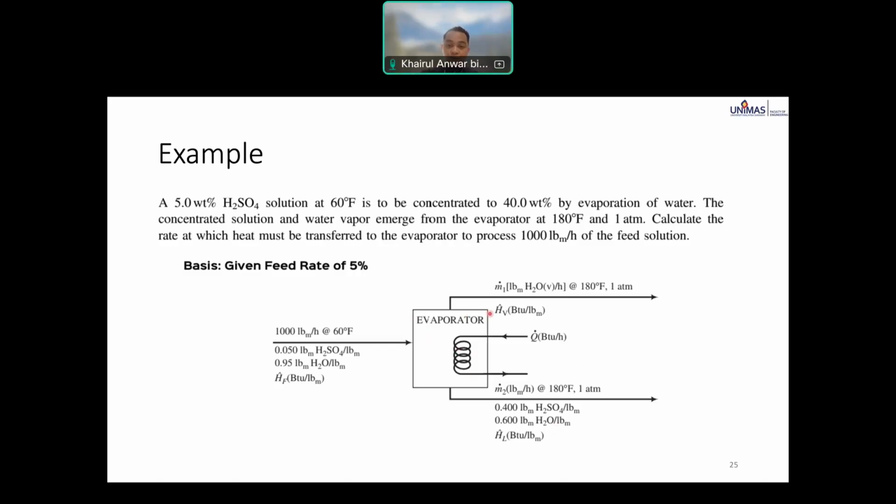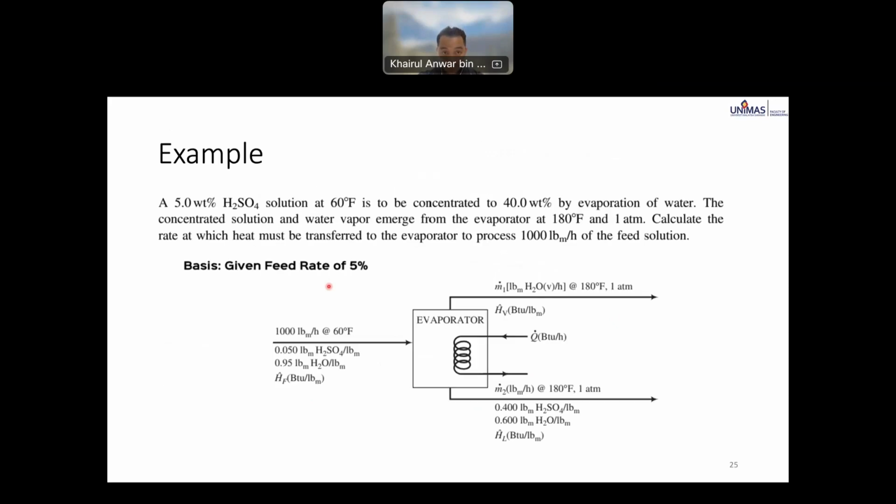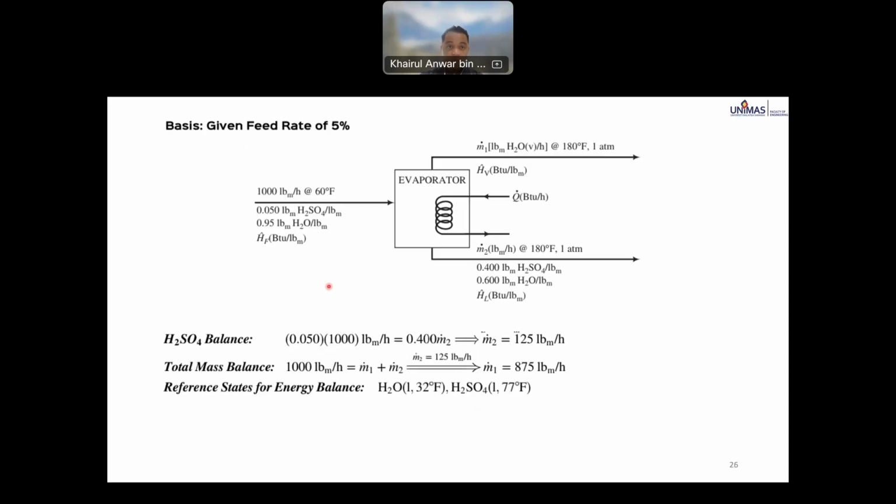So the block diagram is this. The top product is the vapor, the bottom product is the liquid from the evaporator. This is the mass balance.